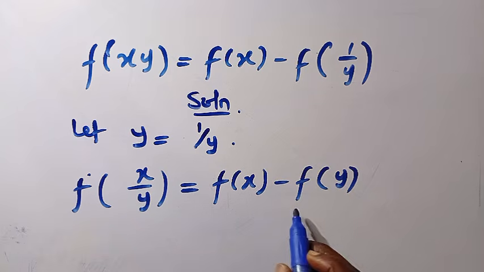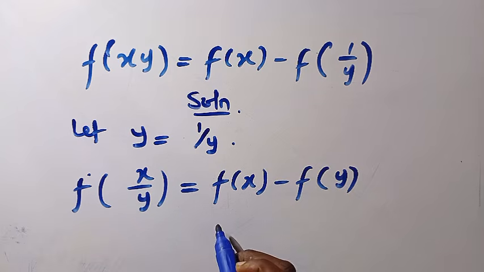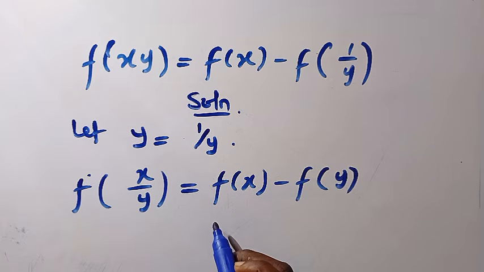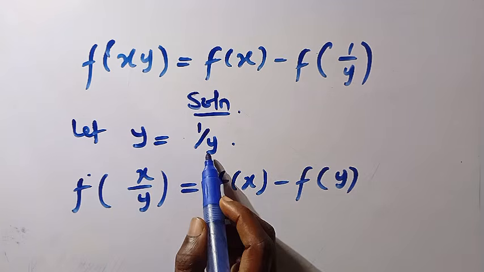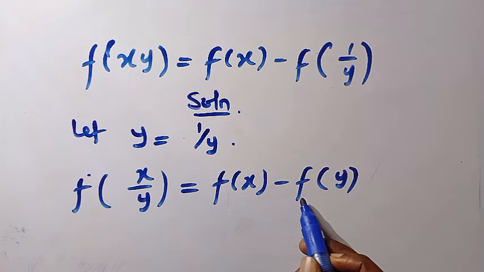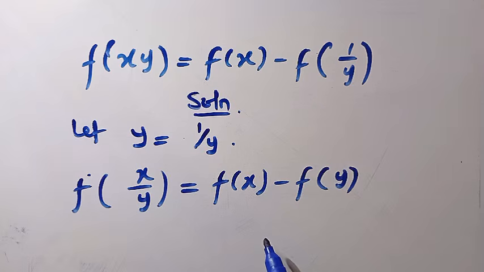This is just like the division rule of logarithm. So the transformation of y to 1 over y does not affect this. We just want to make it a particular rule of logarithm.